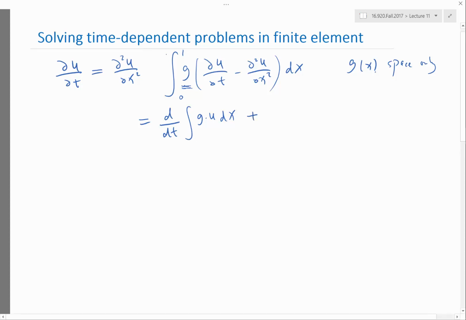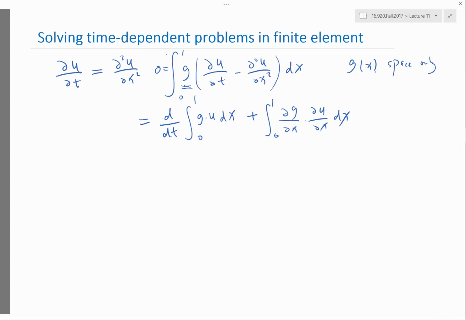We have plus the integral of the derivative of g times the derivative of u. This has to be 0. So this becomes my weak form.